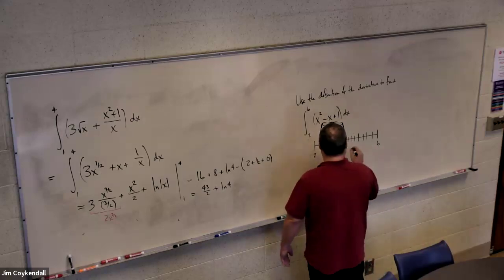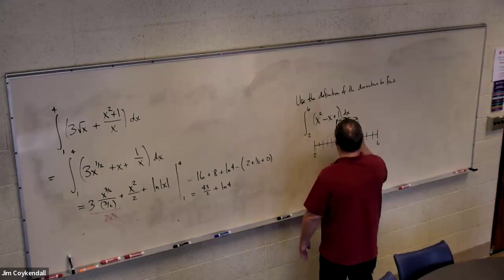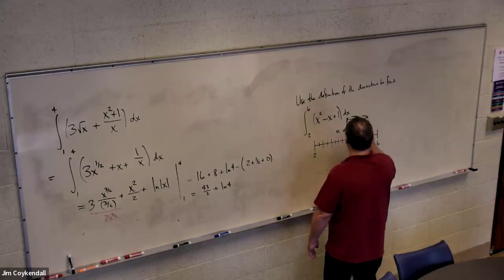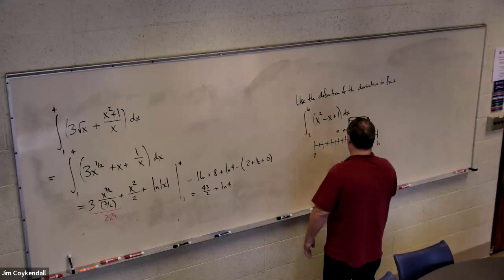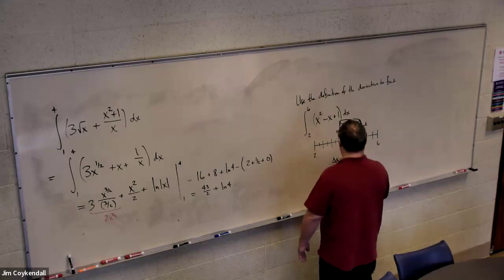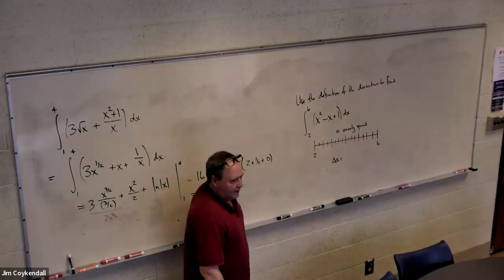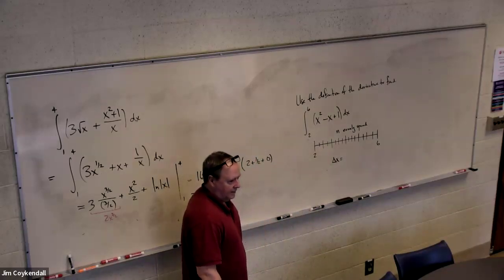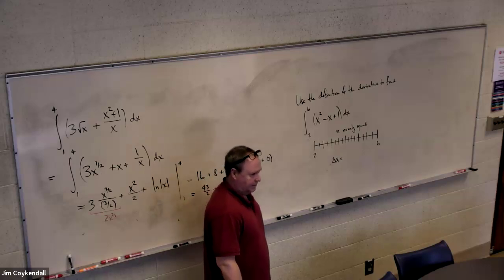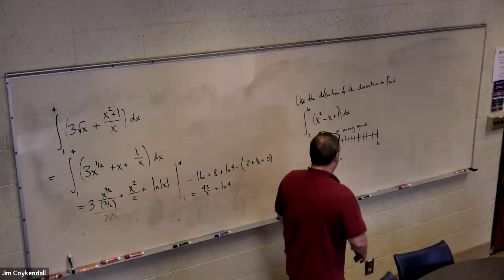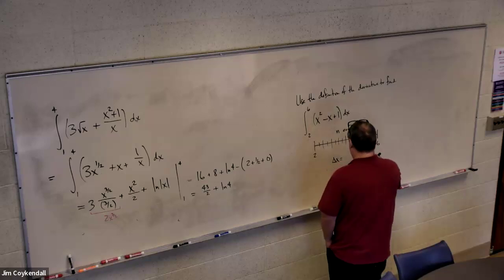So 4 in space 7. So what's my delta x? Six minus 4.